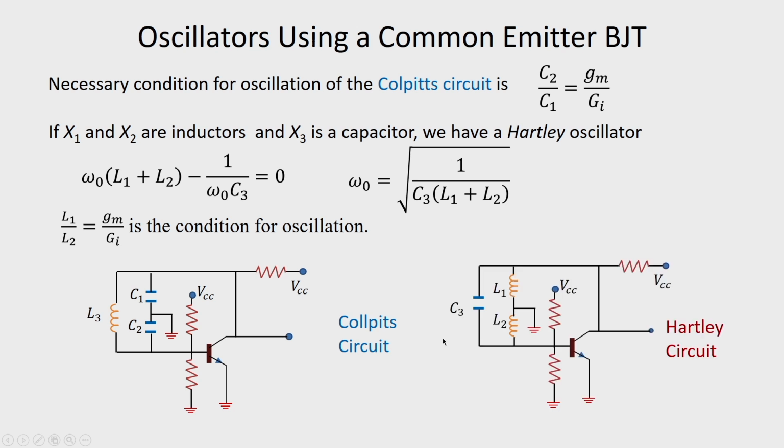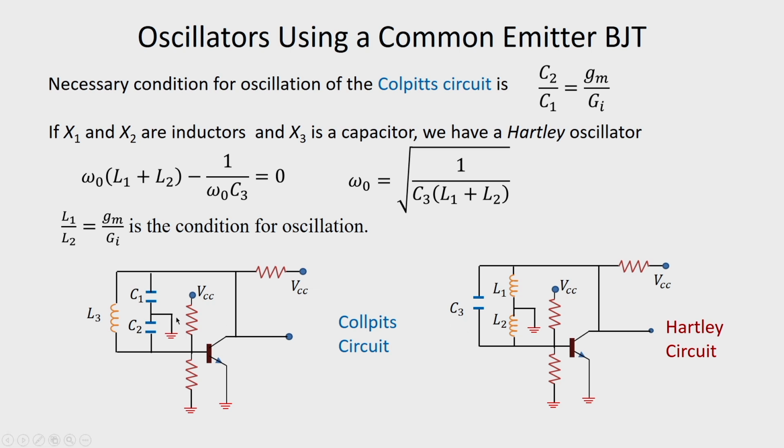Similarly, for the Hartley circuit, we have once again the feedback going from the collector. These are the biasing arrangements, and the reactive elements are L1, L2 and C3.